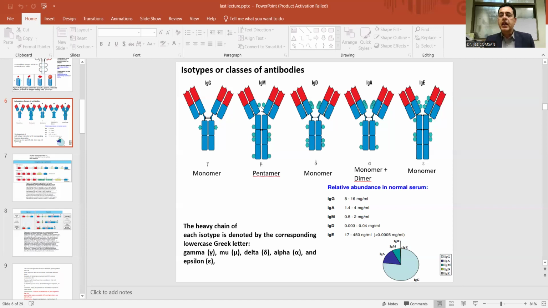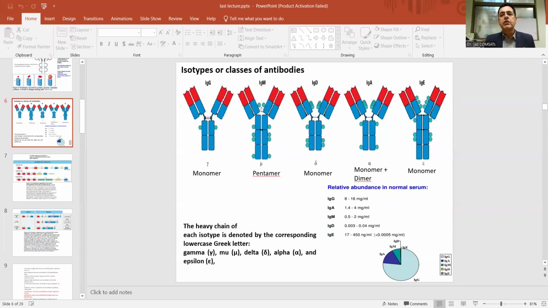So IgM and IgG or IgD do not differ from each other in terms of binding with that specific antigen. They are going to bind with the same type of antigen. This variable region is not going to incorporate changes that would lead to identification or binding of a different antigen.